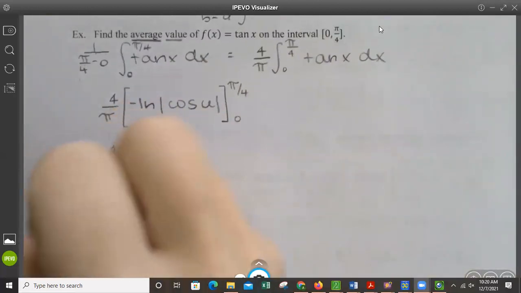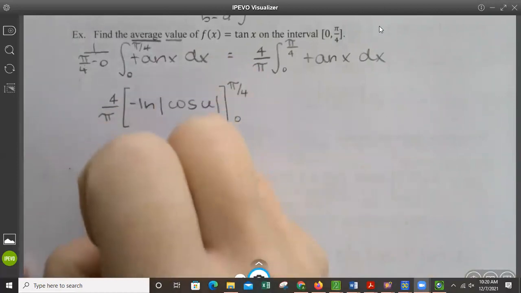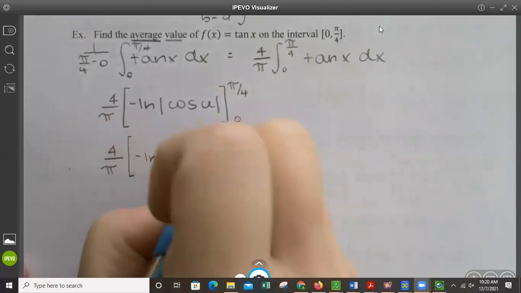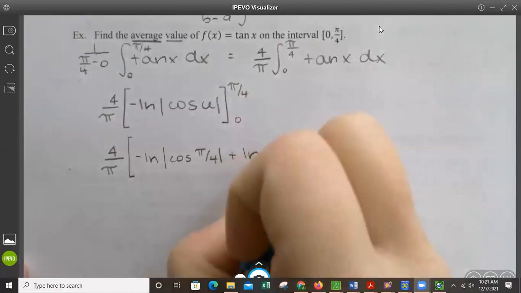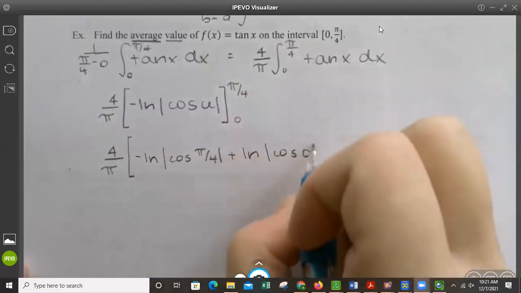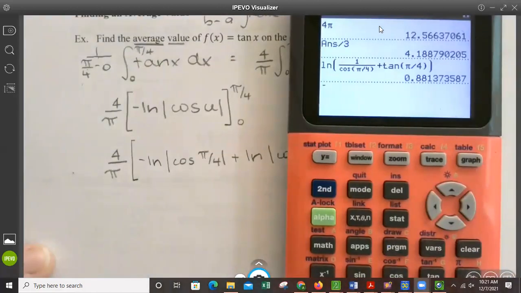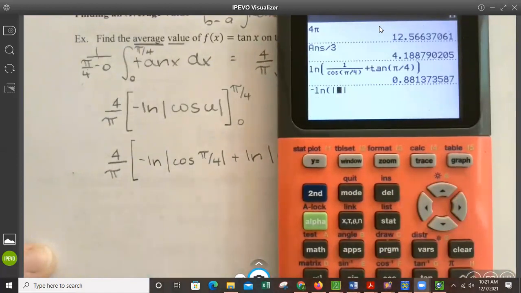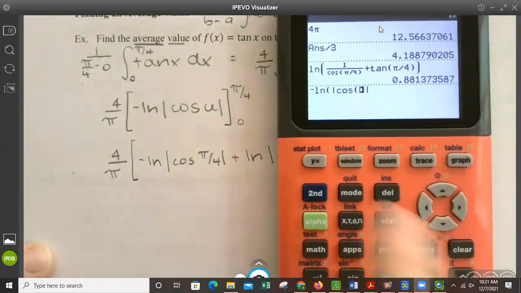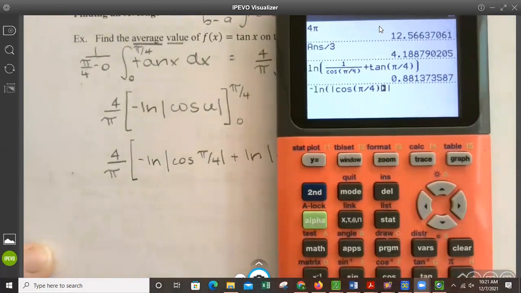So you're going to do 4 over pi times negative ln absolute value of cosine pi over 4 minus, or change to plus, ln cosine of 0. Cosine pi over 4, close your parentheses, absolute value, close your parentheses.